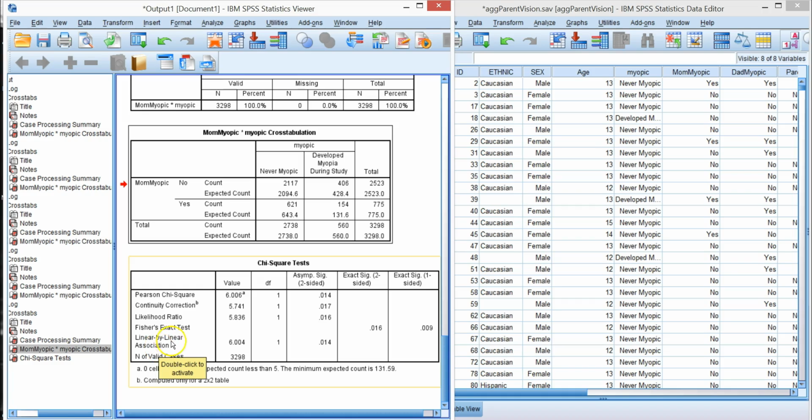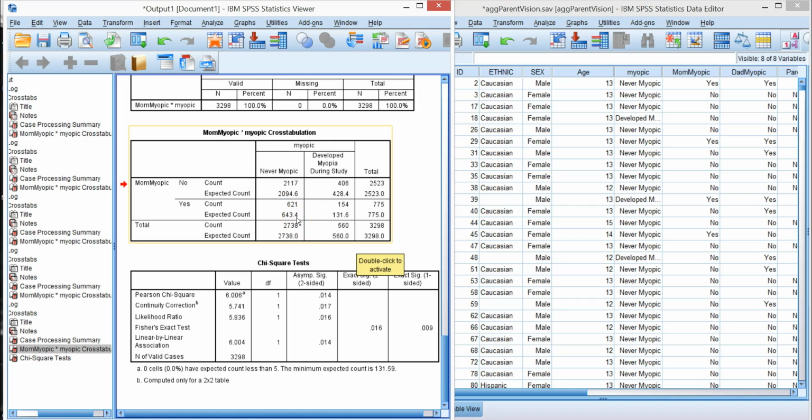Some assumptions must be met in order to do this test. The expected values in these cells have to be at least 5. In this case, there's plenty more than that, but they need to be 5. It's not the frequency that needs to be 5. It's the expected value that needs to be 5.